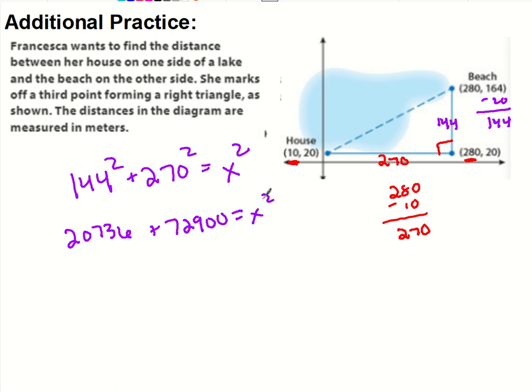It would just be a lot of work. So when I add these up, I got 93,636 equals x squared, and now I can just find the square root of that. It worked out really nicely to get 306. So the distance is 306.